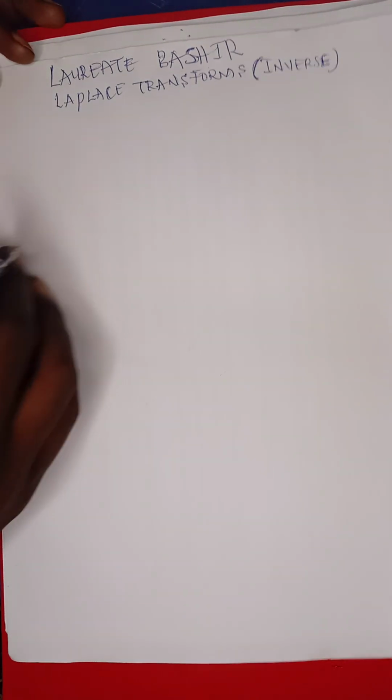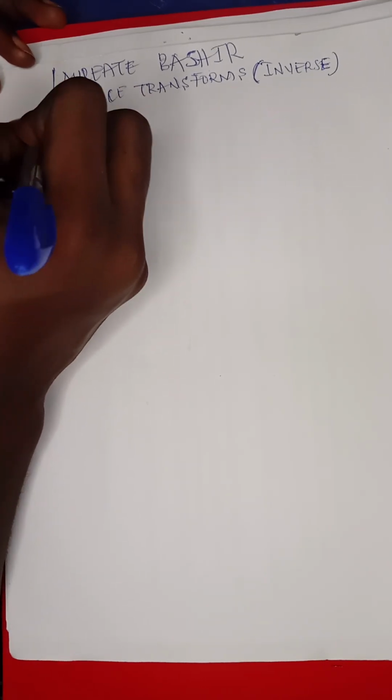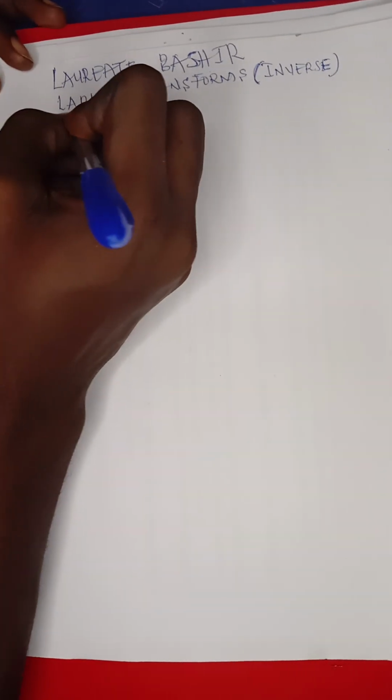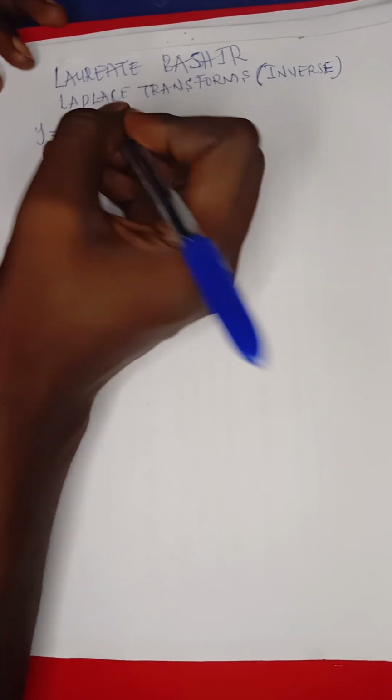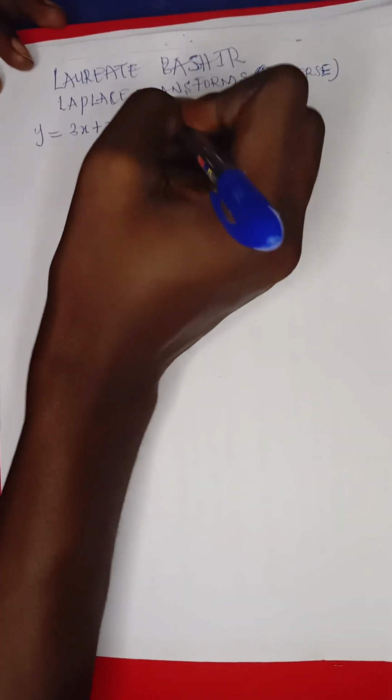Now, we know the meaning of inverse from our basic mathematics. Let's say you have a function y equals 3x plus 2, and they ask you to find y inverse.